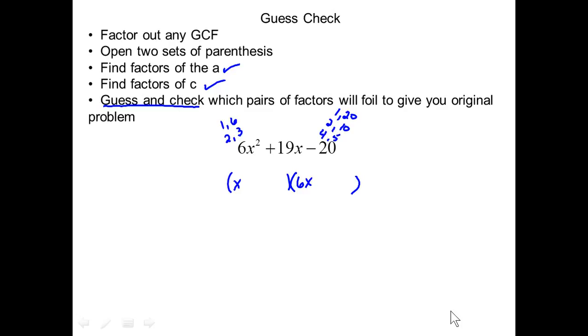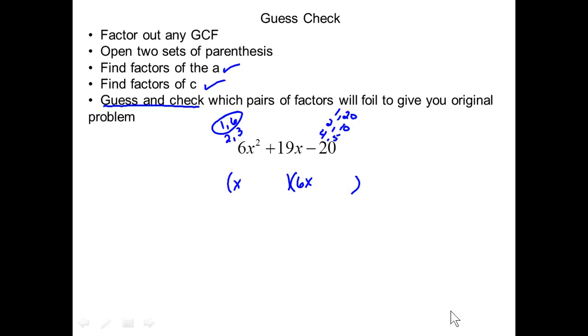Okay, so we're going to work on this one. 1x and 6x. Well, if you didn't know the answer, the next thing you're going to do is play around with the 1 and the 20. If I do a 1 here and a 20 here and then pull it out in your head, x times 20 is 20x, 1 times 6 is 6, and that's going to give me 26. That's not going to work.